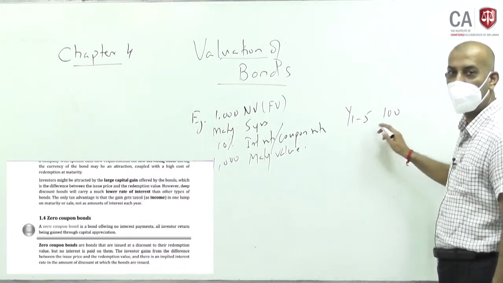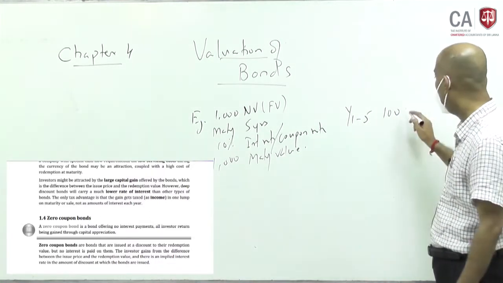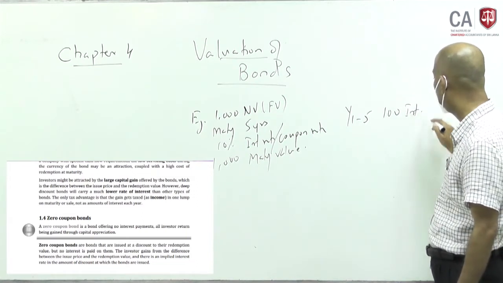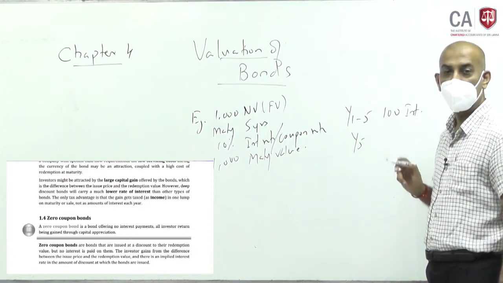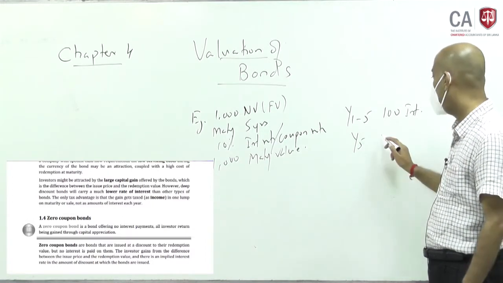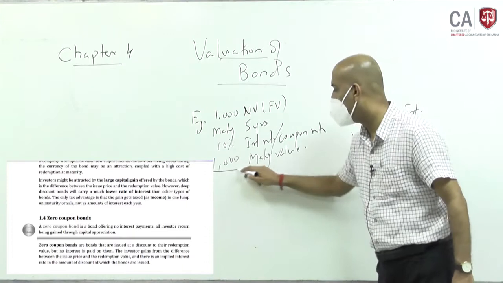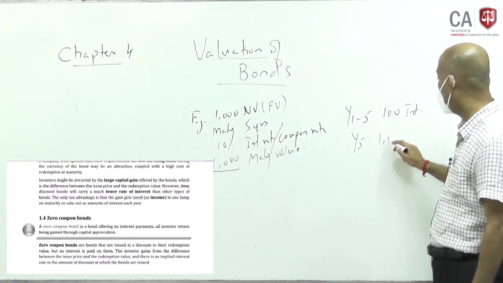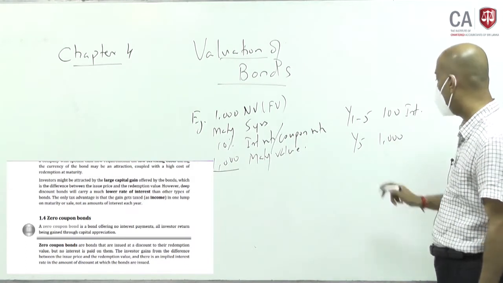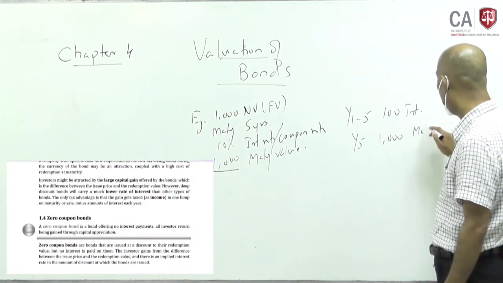I get 100 rupees in years 1 to 5. That's my investment income, interest income. In year 5, the company will pay the 1000 rupees, the nominal value you invested at the beginning. So you get the 1000 rupees back at year 5 as the maturity value.